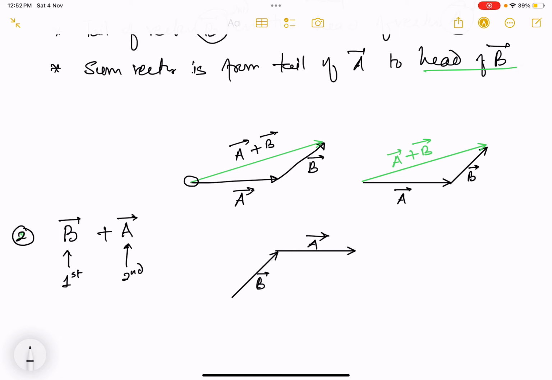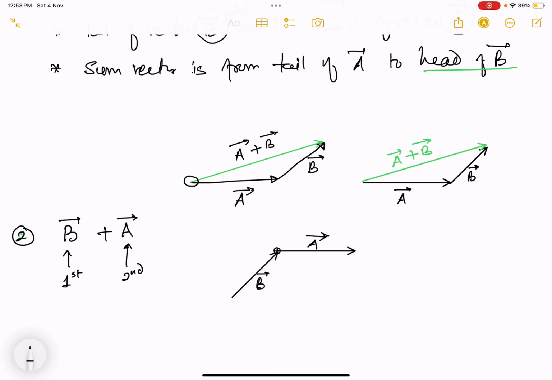Now you want B plus A. So when you do B plus A, what is your first vector? Your first vector is B. So B is to be drawn first. Then on the head of B, you bring the second vector. Tail of the second vector comes here. Okay?